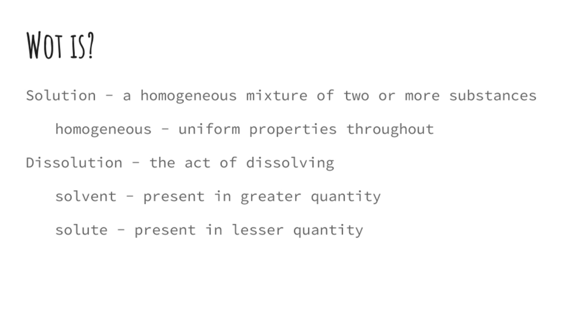This definition can kind of break down if you have two perfectly soluble sorts of things, such as water and alcohol. You start off with pure water, you drop alcohol in there. As you increase the quantity of alcohol, eventually you're going to come to a point where they're just going to be present in equal amounts. You can't really call either one the solute or the solvent.